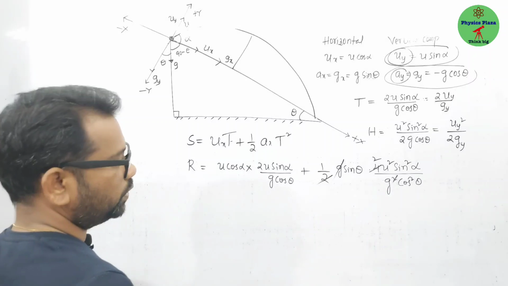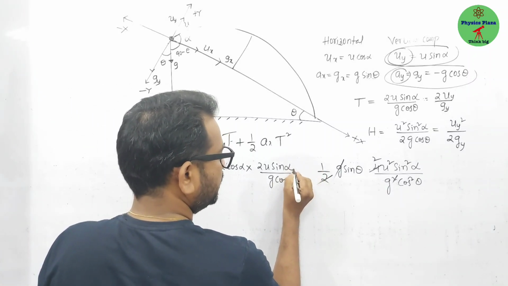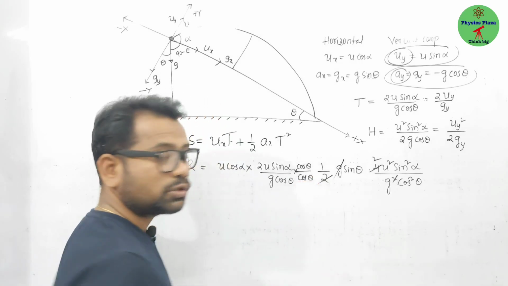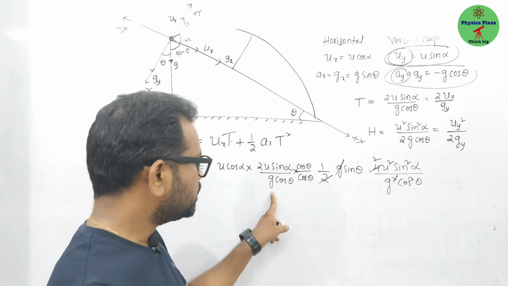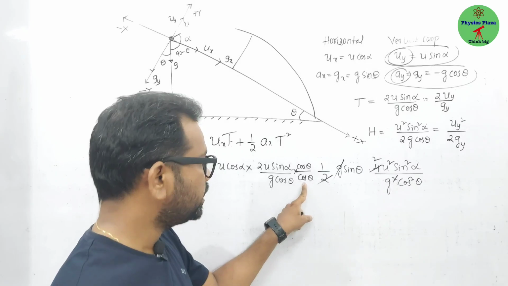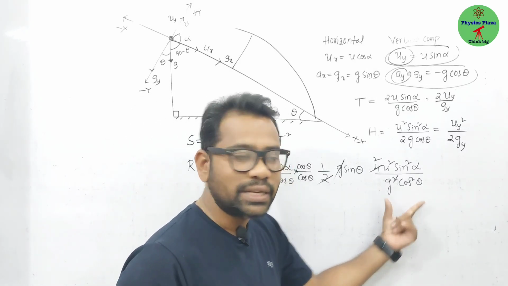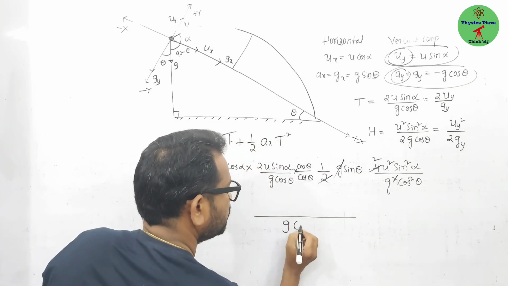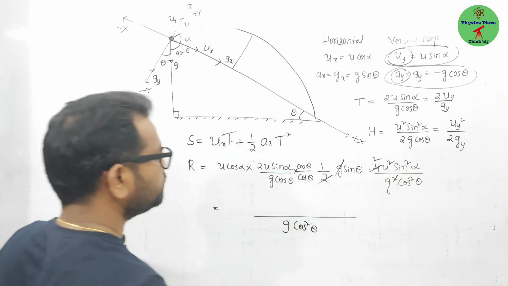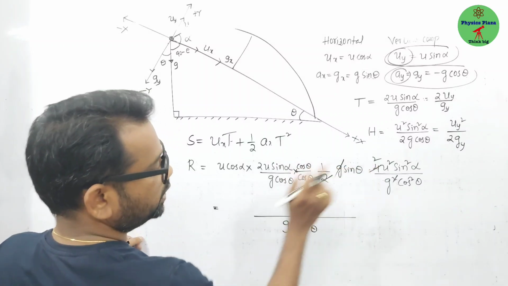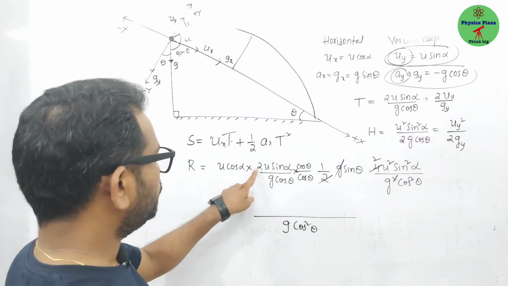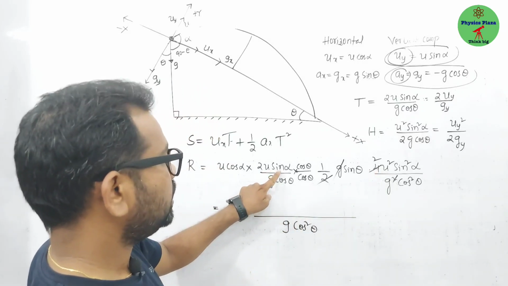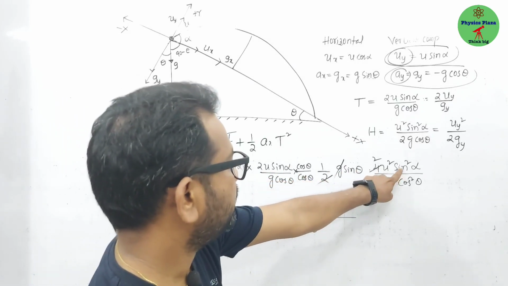Now look at it. Our idea is to multiply with cos theta and divide with cos theta, so nothing changes. So g cos theta into cos theta will be g cos square theta. Here g cos square theta is the LCM. In the numerator, we can take 2u square common, and one sin alpha common.